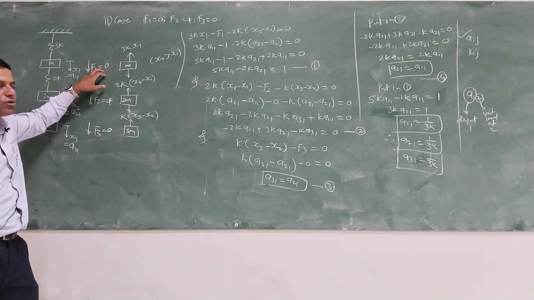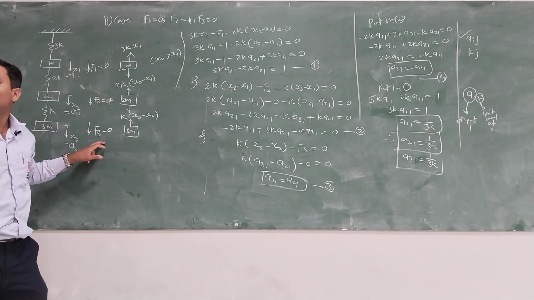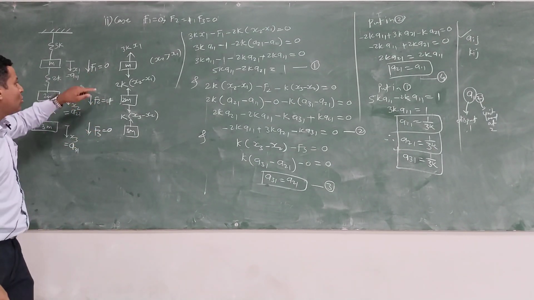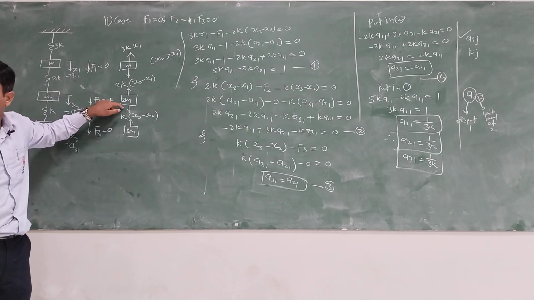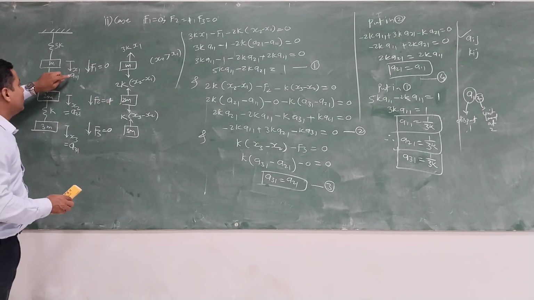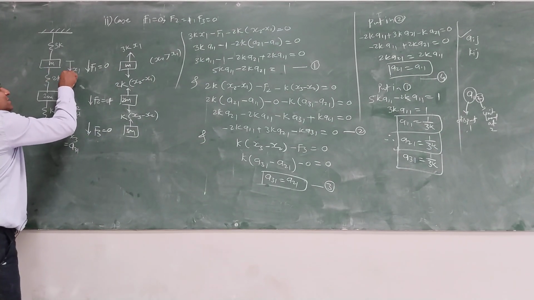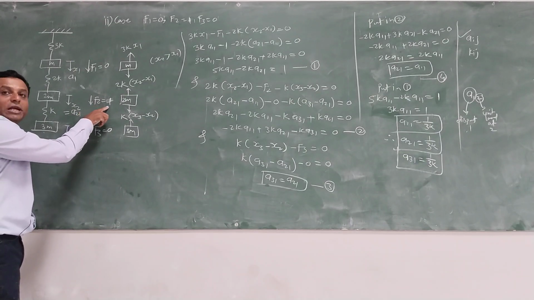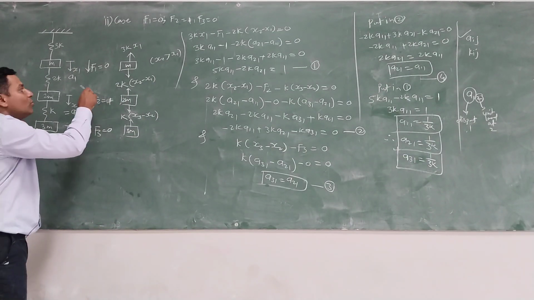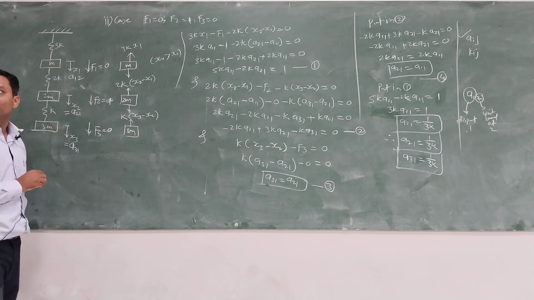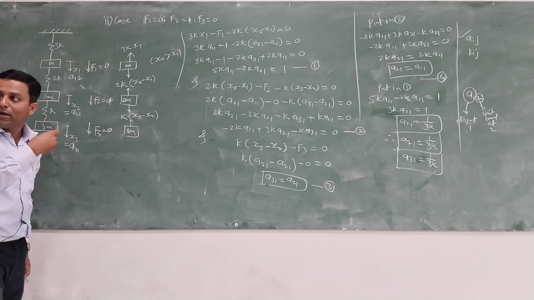So F1 will be 0, F2 will be 1, F3 will be 0, and because of the unit force at 2, this x1 will become displacement at 1 due to unit force at 2. So this will become A12. Instead of A11, it will become A12.